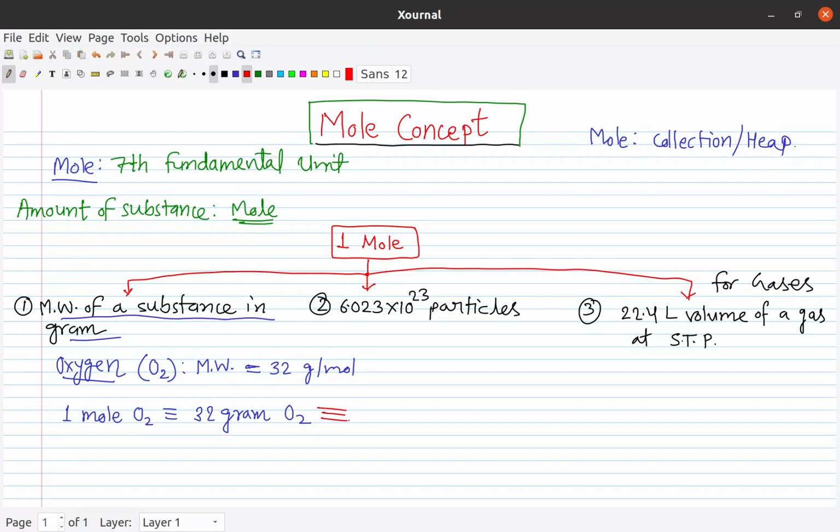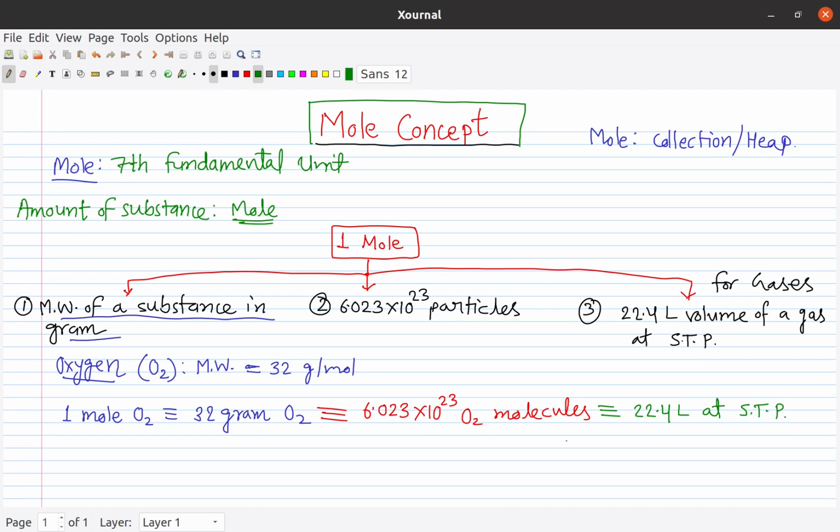So 32 gram oxygen or 1 mole oxygen will be 6.023 into 10 raised to the power 23 oxygen molecules. And if you want to connect it with the third concept, the same 1 mole oxygen, or 32 gram oxygen, or 6.023 into 10 raised to the power 23 oxygen molecules will occupy a volume of 22.4 liter at STP, standard temperature and pressure.